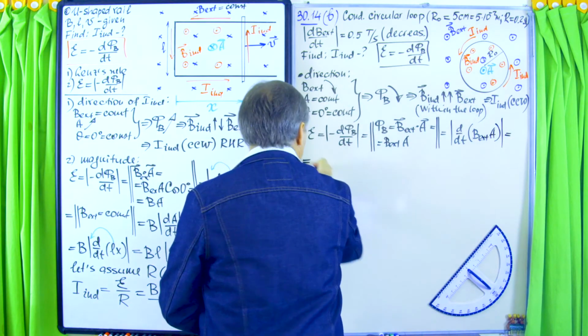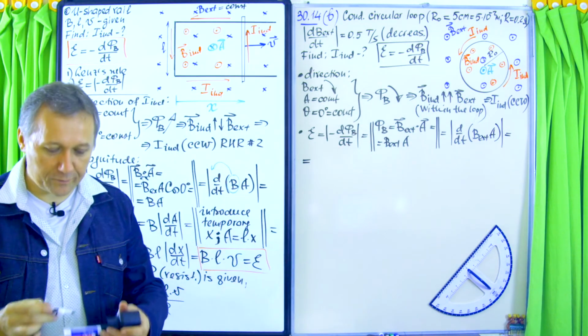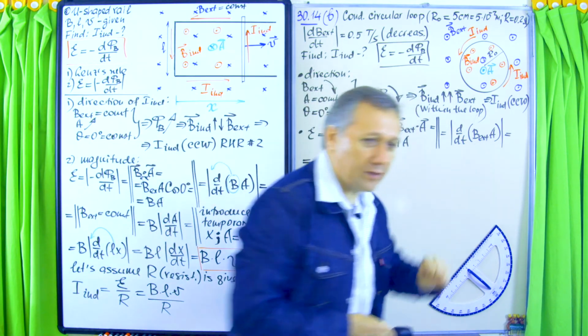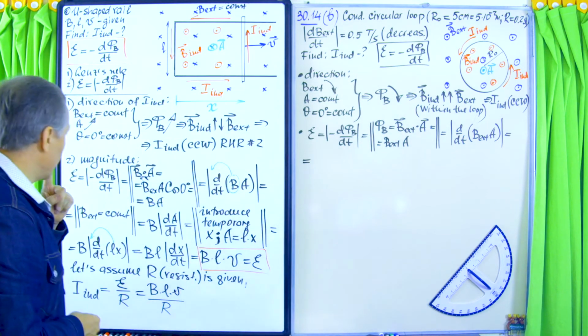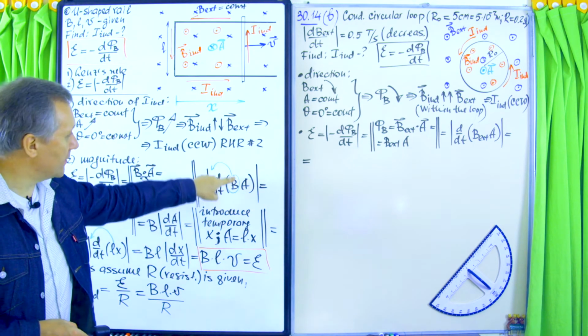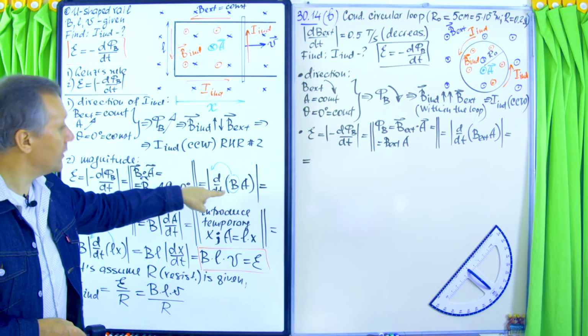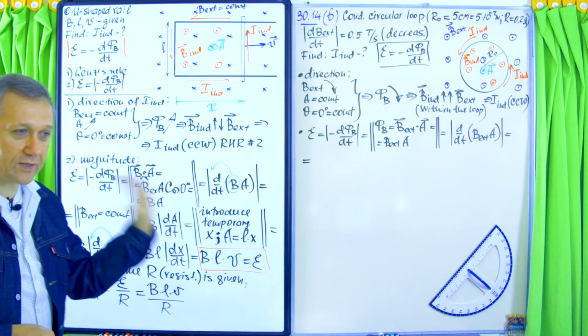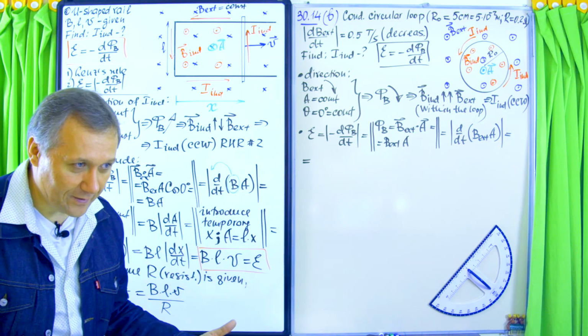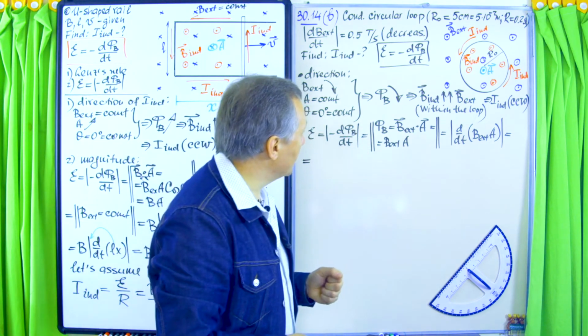And now look carefully at both of these quantities. Which one is constant? Over here, what was the constant quantity? B. As a result, we extracted it from the sign of differentiation, actually extracted it from the sign of absolute value, because these are magnitudes. Magnitudes can be only positive. So now look carefully in this case.